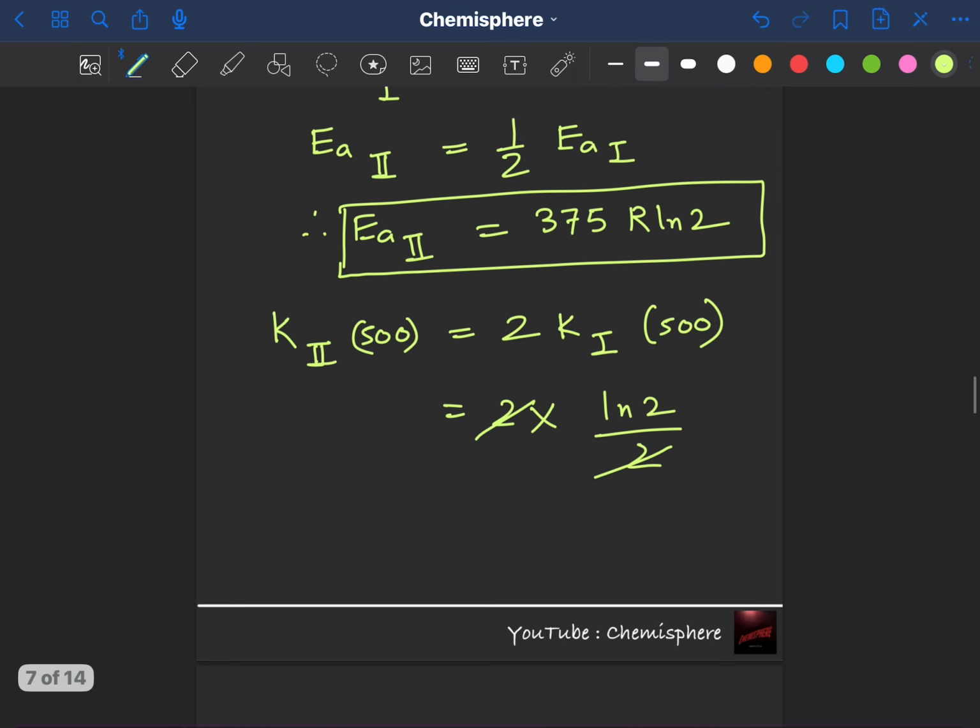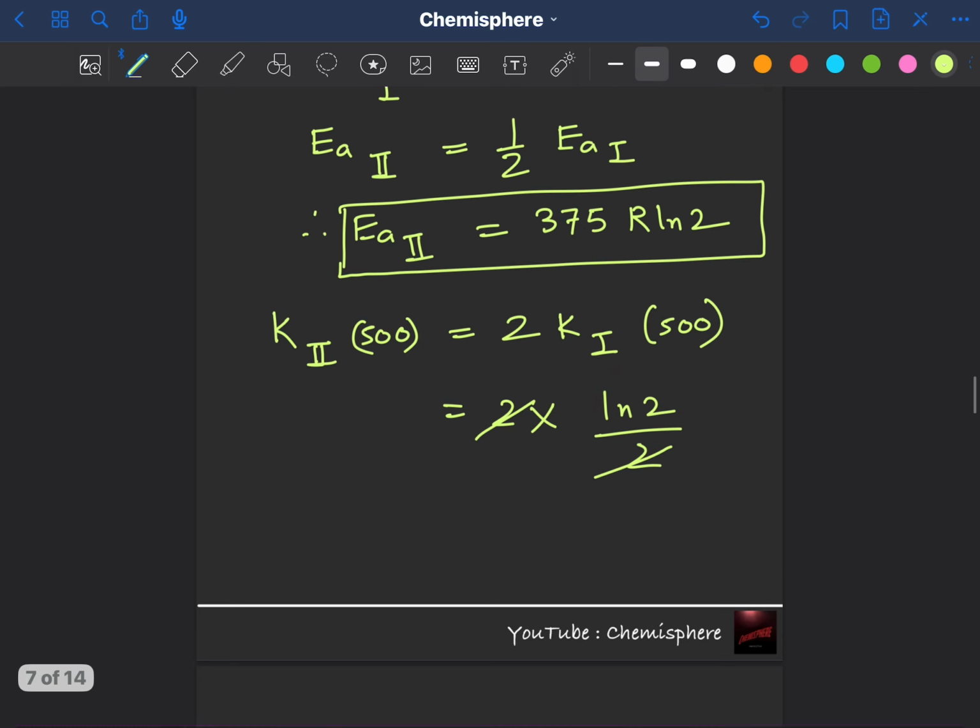Okay, now what is the question asking? The question is asking to find the rate constant of the second reaction at 300, right? To find this we will use the equation that we have derived. This is a very useful relation. Whenever you have two different temperatures and two different rate constants, this can be used to find the other rate constant at the other temperature.